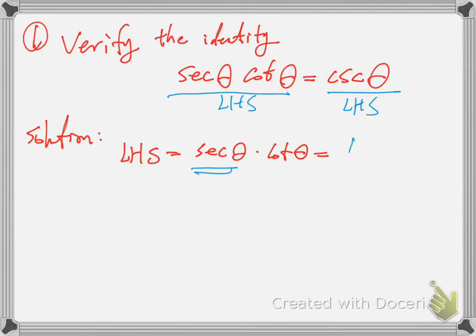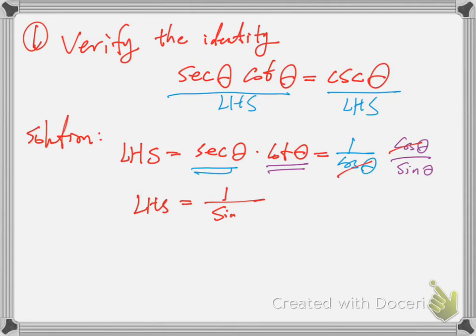Secant is 1 over cosine theta, and cotangent is cosine over sine theta. Now cosine cancels, and we get the left hand side is 1 over sine theta.